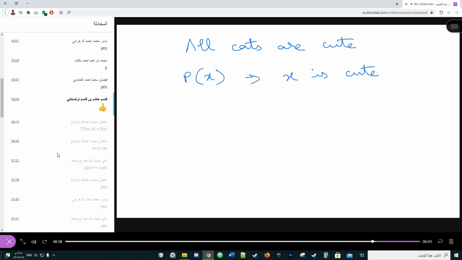Okay, but the problem here is this word, all cats. So now how do I write this? Very good, Sultan, very good. Okay, so I do it like for all x, that is all cats, p of x. That's my answer.